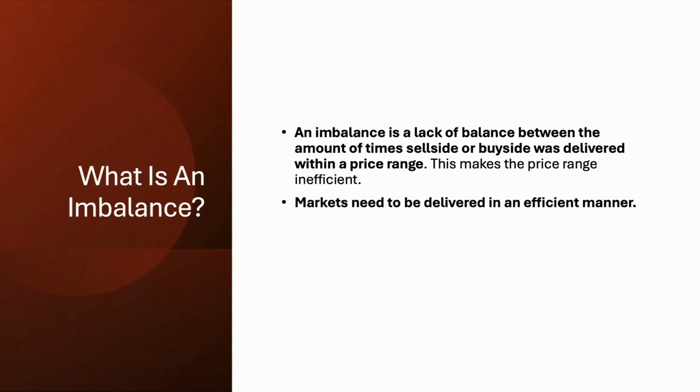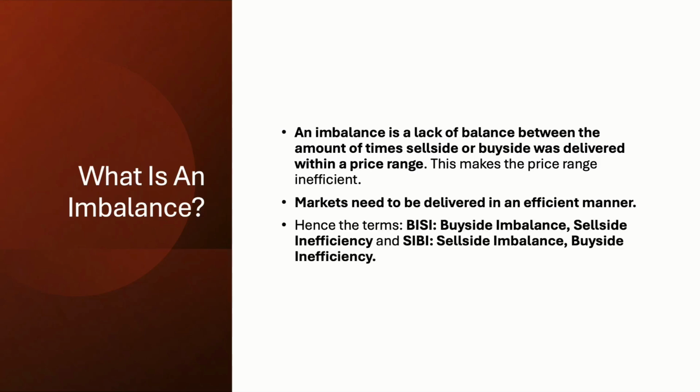Markets need to be delivered in an efficient manner if they're algorithmically driven. If the price range is not efficient yet, the market is not allowed to expand towards the next price range. That right there is a key note. Hence the terms BC, buy side imbalance, sell side inefficiency, and CB, sell side imbalance, buy side inefficiency.